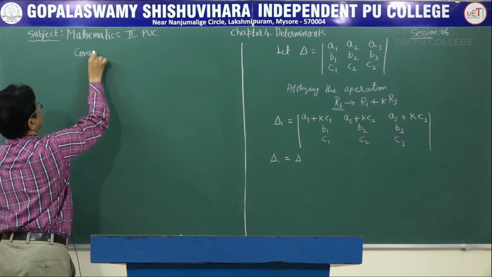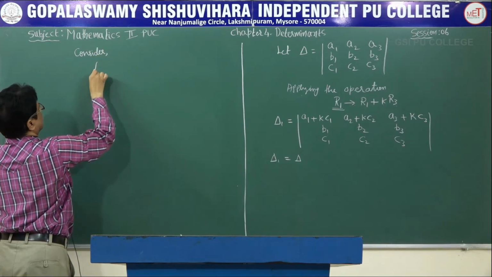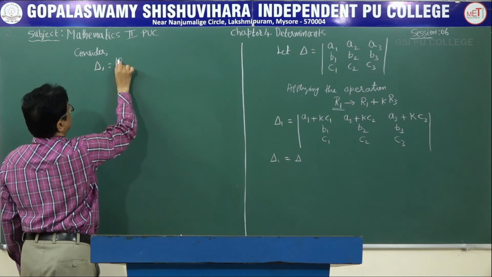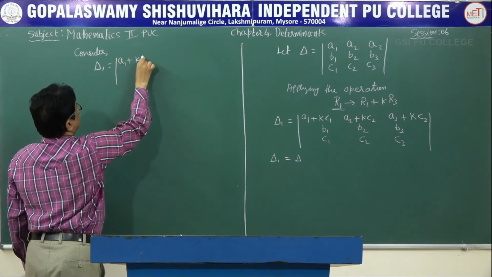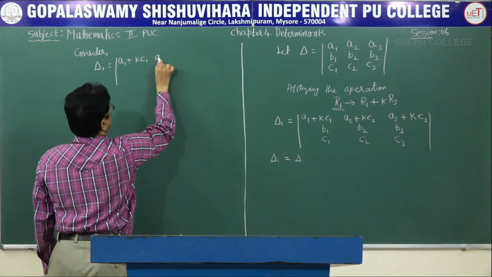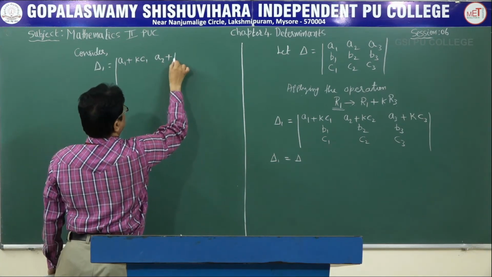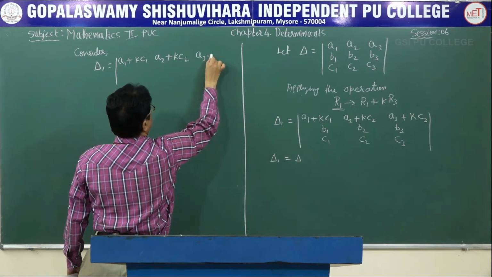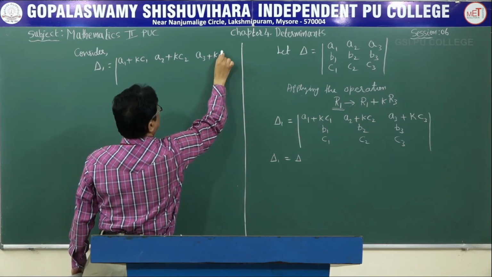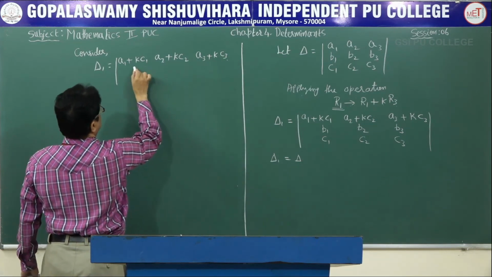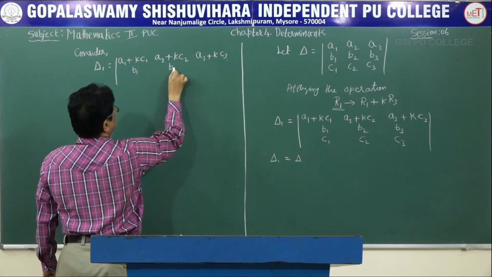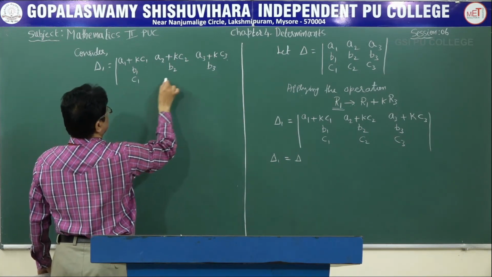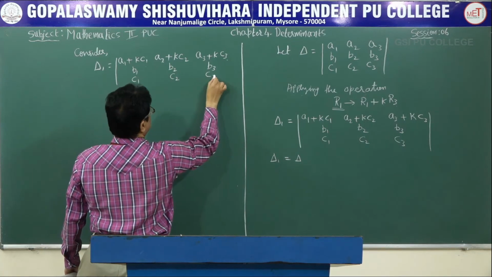Consider delta 1 equal to the determinant of a1 plus K c1, a2 plus K c2, a3 plus K c3, b1, b2, b3, c1, c2, c3.